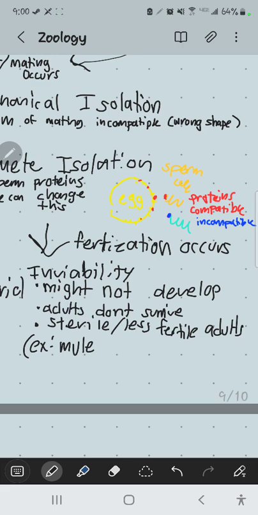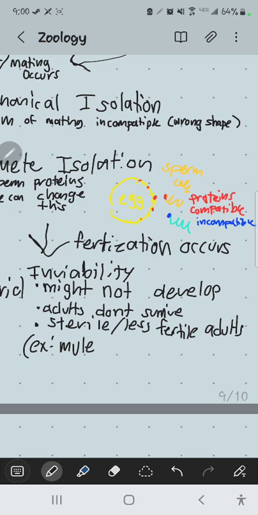So that means that when the egg is produced, we're almost done here. So when an egg is made, this is the egg. The egg has a chromosome number of half that, 32. So you have 1n of 32 chromosomes, meaning it has half the chromosome number of the adult.